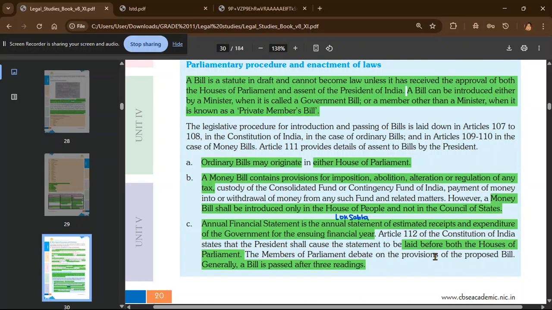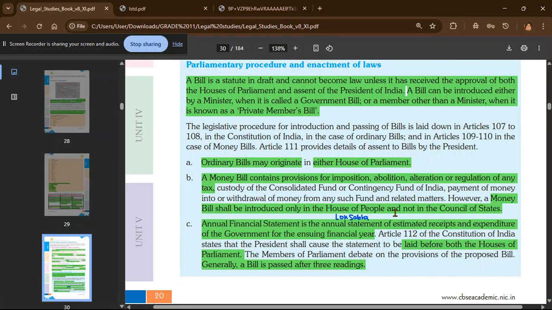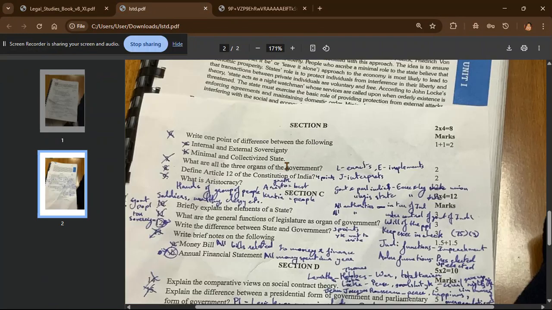It has to be laid before both Houses of Parliament, Lok Sabha and Rajya Sabha, and generally a bill is passed only after three readings. This has also come in your exam: write a brief note on money bill and annual financial statement.